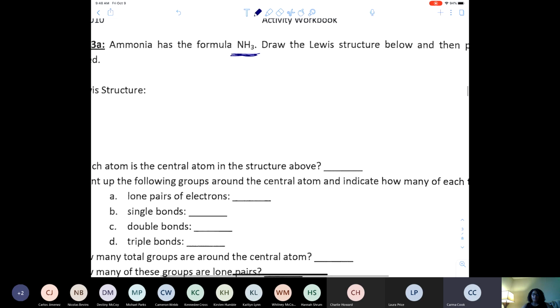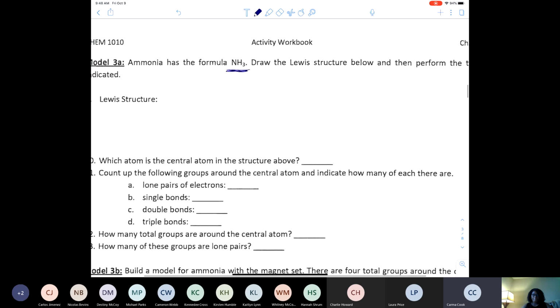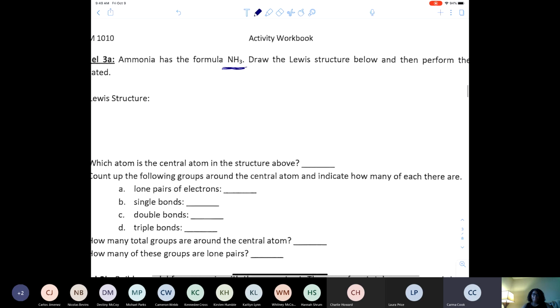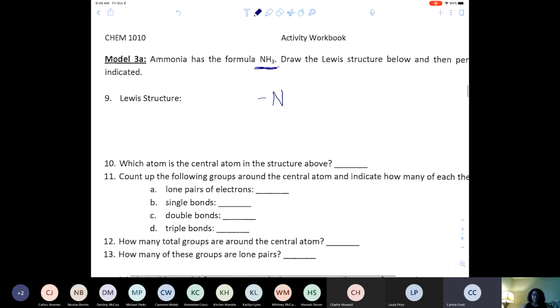Which atom, nitrogen or hydrogen, will be the central atom? Very good, nitrogen, because remember, hydrogen can never be the central atom. So we're going to put nitrogen in the center, and use single bonds to connect the 3 hydrogens to the central nitrogen.